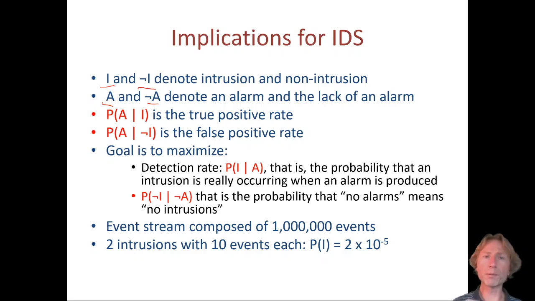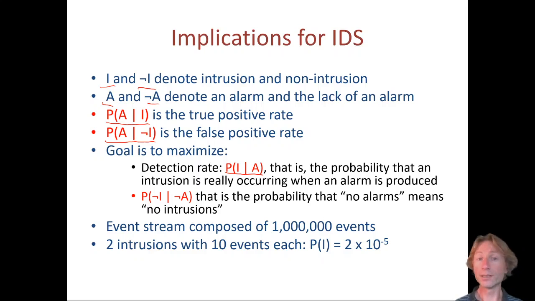The probability of an alert given that there's an intrusion is the true positive rate, and the probability of an alert given that there is no intrusion is the false positive rate. The goal for our intrusion detection system is to maximize this detection rate, the probability of there being an intrusion given that we raise an alert.